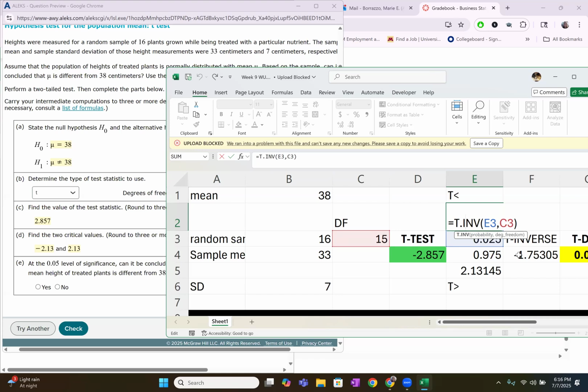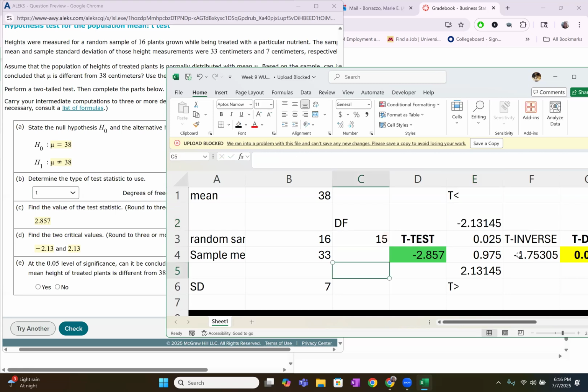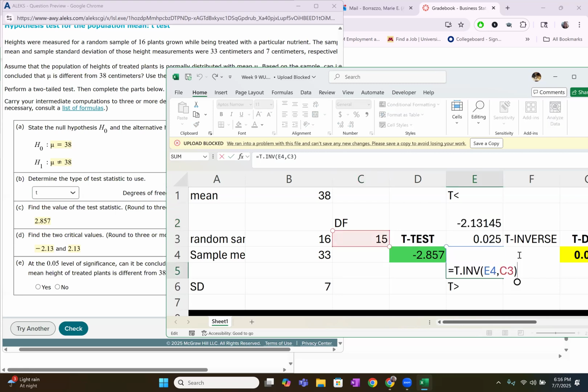So the probability is the 0.025, comma, and the degrees of freedom is right here in the pink. Make sense? Yes. Then when you do the 1 minus, it becomes E4, comma, C3. It's still C3 because C3 doesn't change. That's the degrees of freedom. Okay.